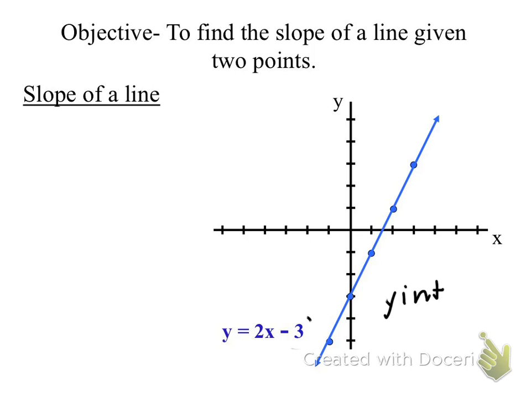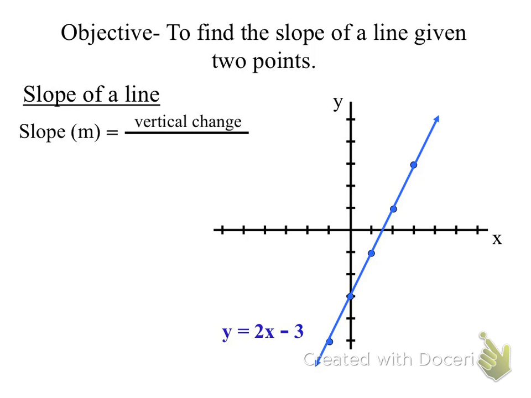The next part is the slope of the line. The slope of the line is like the steepness of the line. How I figure out the slope is I check the vertical change, the change going up and down, and I divide it by the horizontal change, the change moving across, left and right.